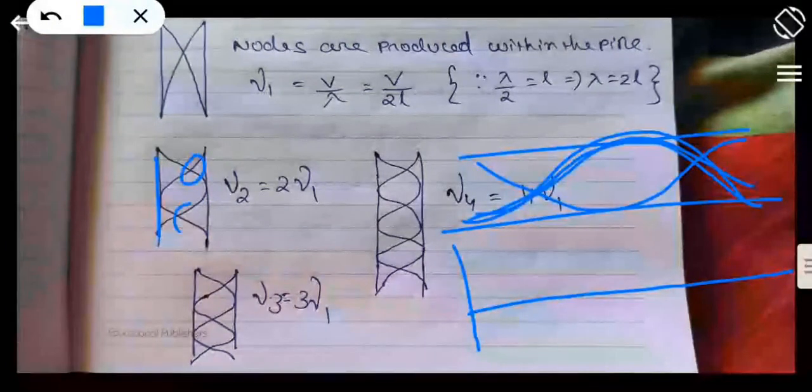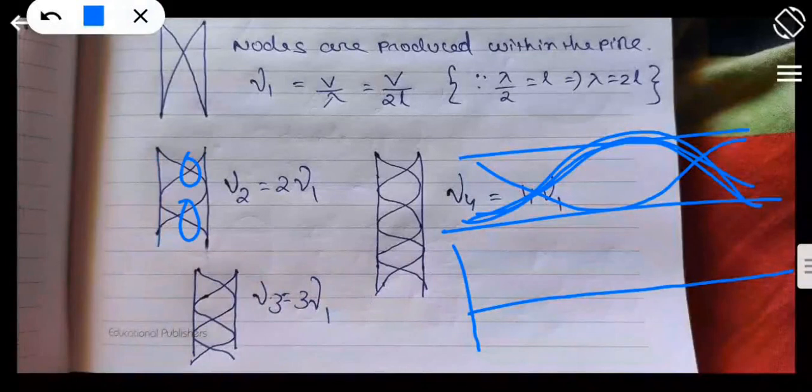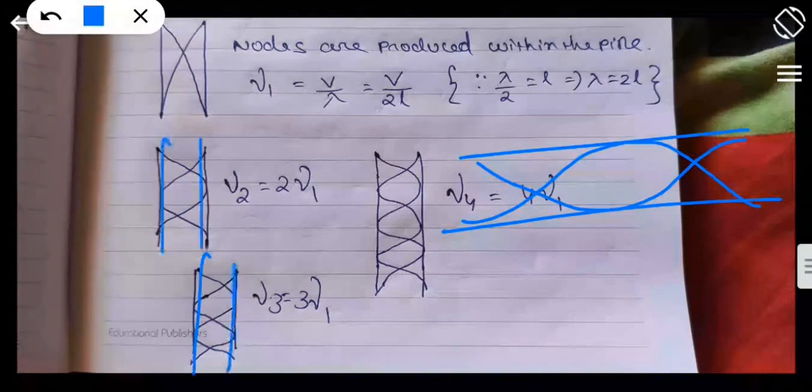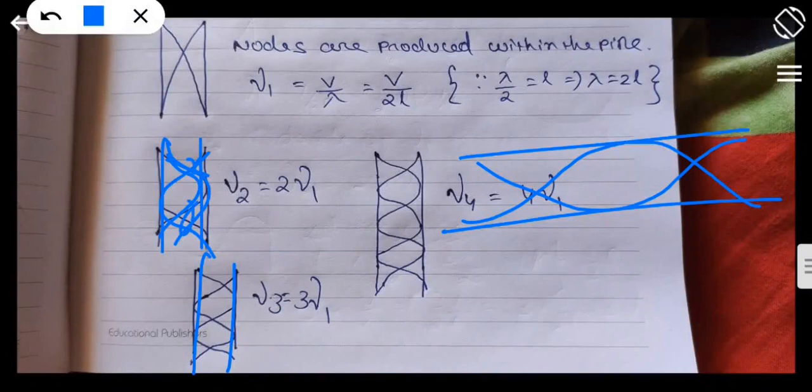This is an antinode, this is a node, this is a node. And outside there will always be antinodes. Nodes are always produced inside, remember, in a pipe, because the waves touch the boundary wall, right? If they touch, then obviously they will produce the nodes in between, right?